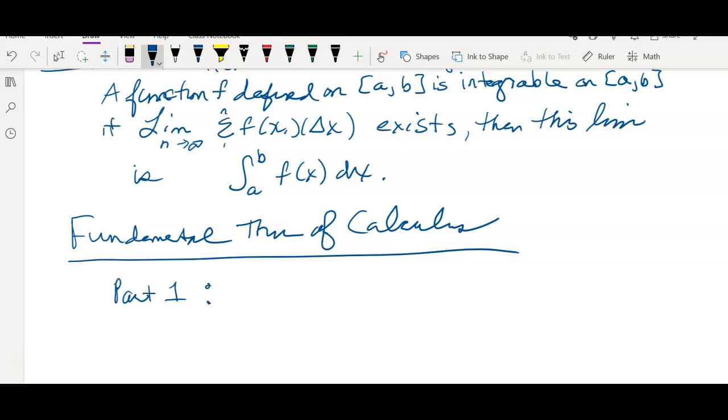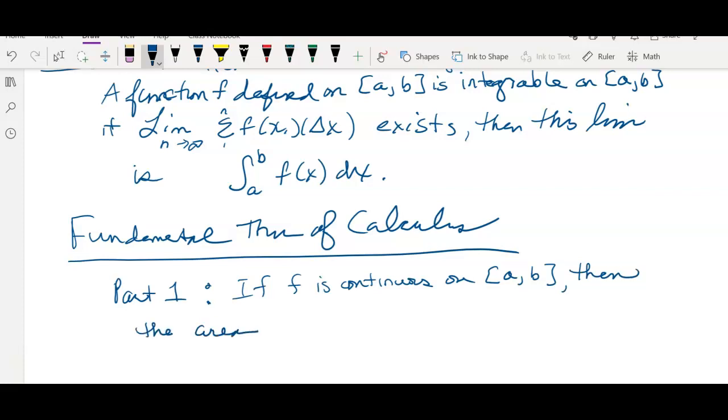Part one just tells us, if f is continuous on [a, b], then the area function.